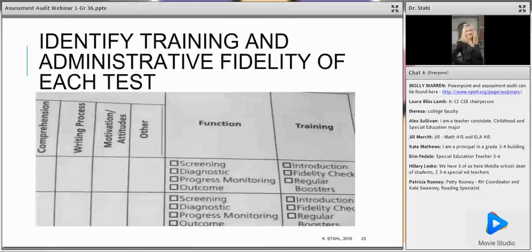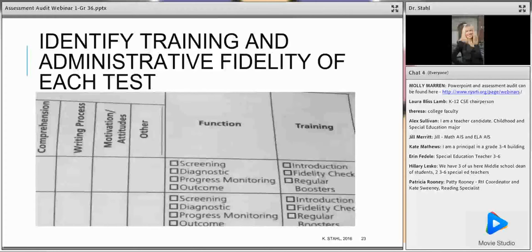And so therefore, we want to make sure that thorough initial training, number 1, is done every year with all new employees. Number 2, every year and every test administration, if we give a screening test, whether it's Dibels or Fountas and Pinnell or an IRI, that we are administering in fall, spring, or fall, winter, and spring, then we need to make sure that we are engaging in fidelity checks.